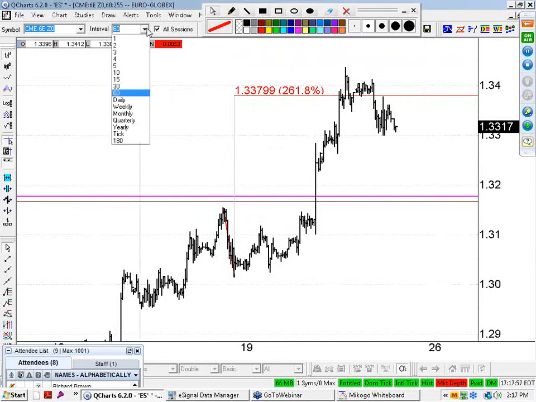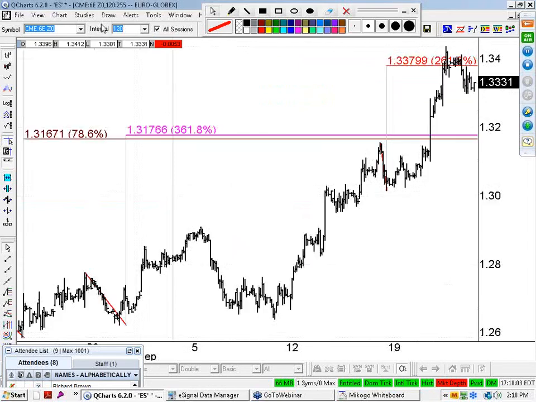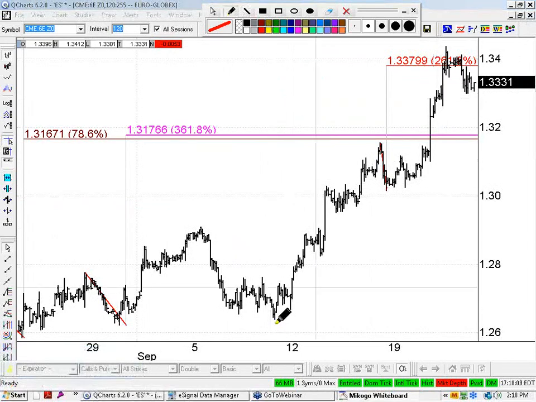And go back to the daily chart. Well, before I go back to the daily chart, I'm going to go to the 120-minute chart so you can see the whole thing. Here's the whole thing. Skew to the right, super shallow, wider super shallow, up to here. Here's the so-called dominant pattern, 361.